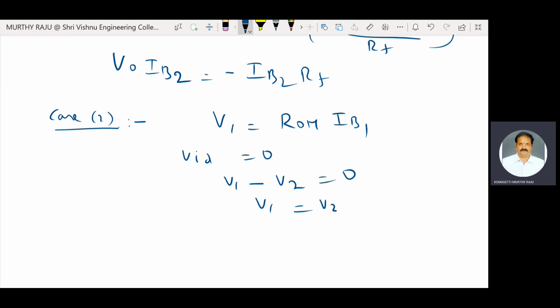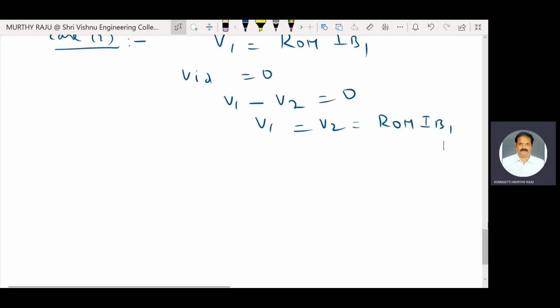Therefore, V1 is equal to V2 is equal to ROM into IB1. This is the circuit diagram.